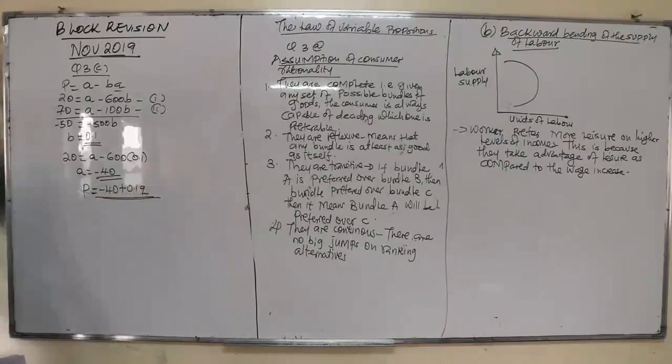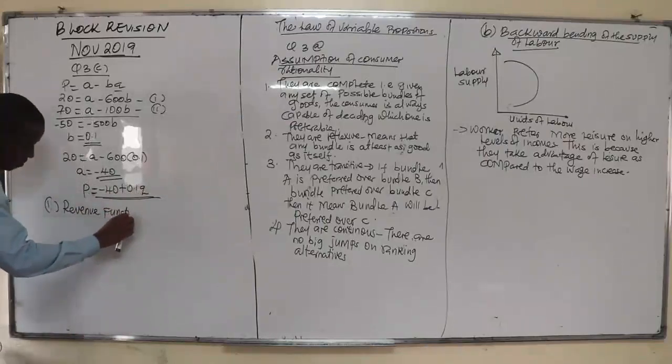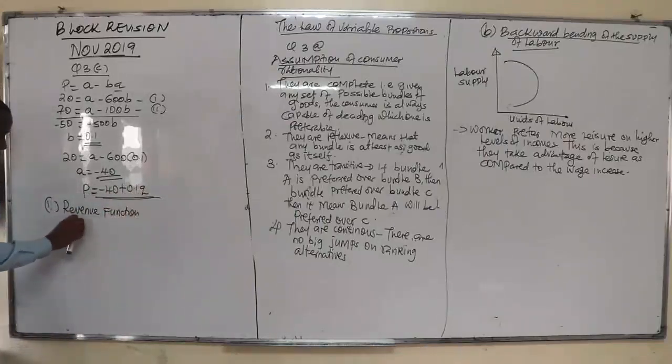Okay. But in our case, we want to know Roman 1, which is the revenue function. Now, how do you get the total revenue? It is price multiplied by quantity. We know the price, so we multiply by quantity.